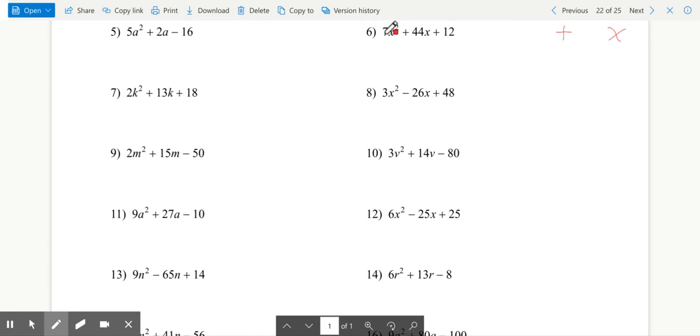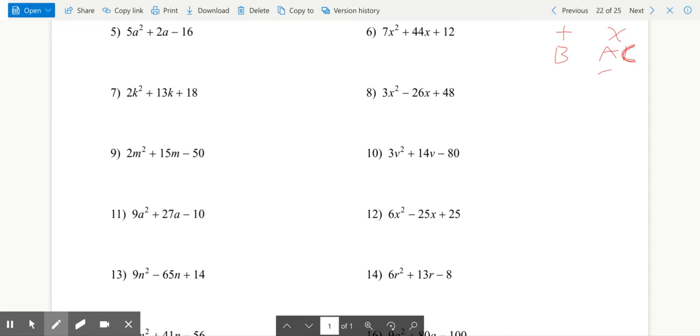So when I have a number out here, I'm going to multiply to A times C. That's why it's called AC. And we're going to add to B. So the coefficients are A, B, C. So AC is the first coefficient times the last coefficient.